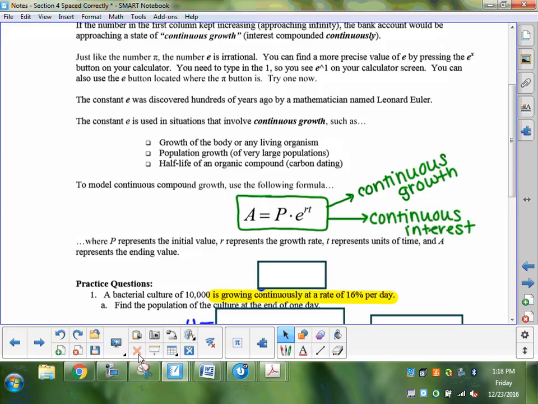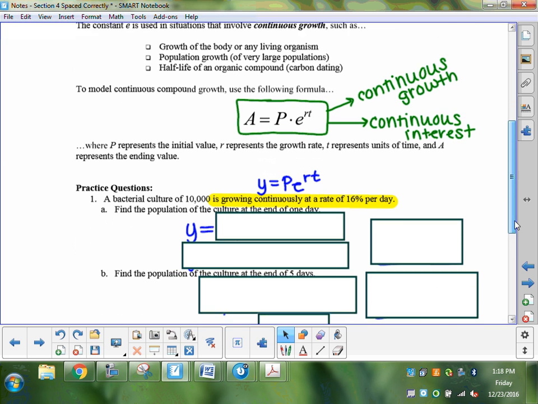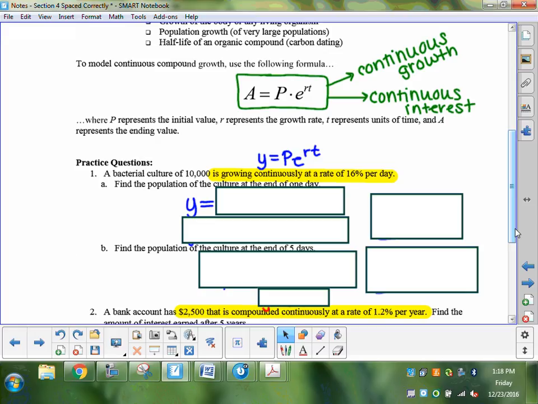Now, if it was just growing regular, and it said it was growing at a rate of, that would be exponential growth, 1 plus r. This says that it's growing continuously at that rate, which means this question here is going to be the PERT question. Now, we're going to use that model to figure out the population at the end of one day.